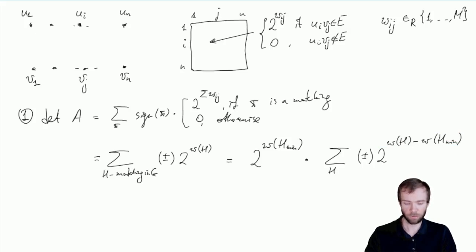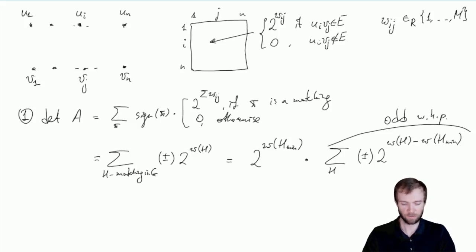And exactly one term in our sum would be equal to plus or minus 2 to the power of 0. So we actually have the sum of several powers of 2, exactly one of which is the 0th power of 2. And such a sum is an odd number. And an odd number cannot be 0. So with high probability, this is an odd number, and in particular it's non-zero as well. And this is exactly what's of use for us.